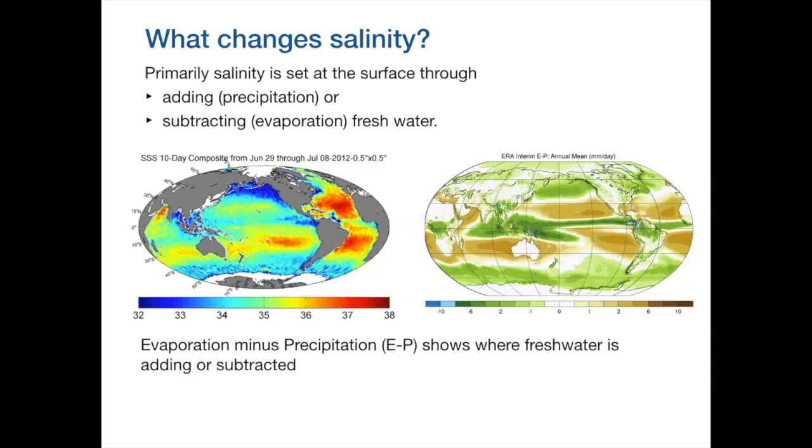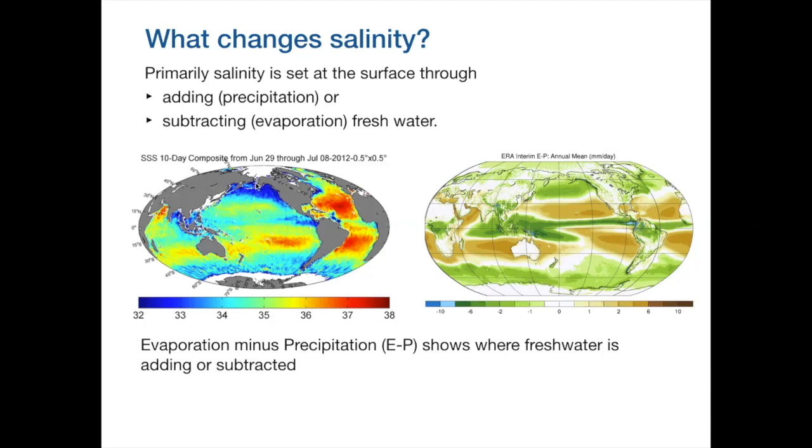And if you evaporate, you're subtracting fresh water, so you're increasing the effective amount of salt in that volume of water. So over here on the right, we have a plot of global mean evaporation minus precipitation. The greeny colors down here are where precipitation exceeds evaporation, so right along the equator and in the polar regions.